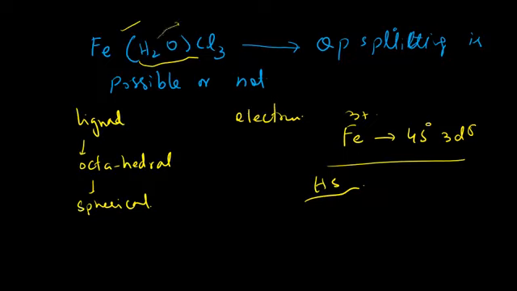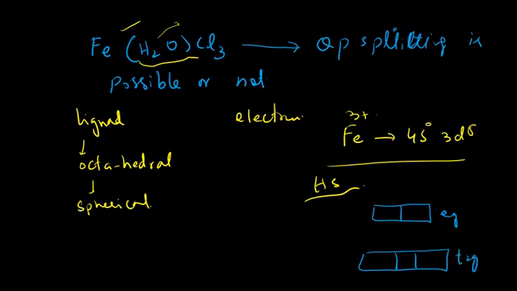Water is not a strong ligand for the pairing of electrons. So the filling of electrons in this case will be like this. This is the Eg state and this one is the T2g state. So in this case, the electrons will be filled like this.